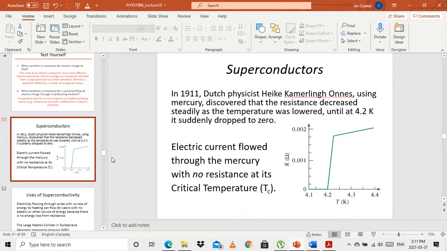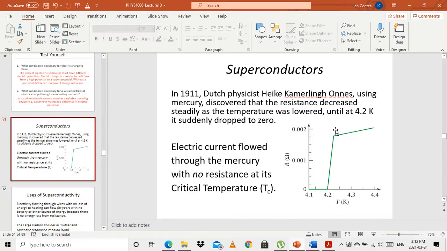So the resistance is decreasing as it gets colder, and pretty steadily too. So it gets easier and easier for electrons to flow, up until about 4.2 degrees Kelvin.